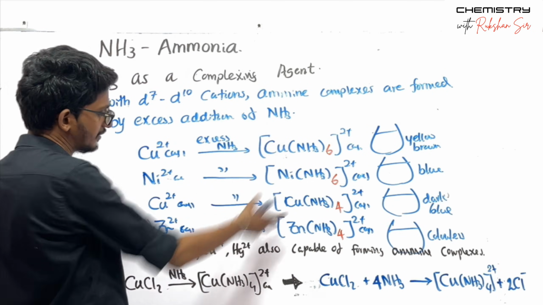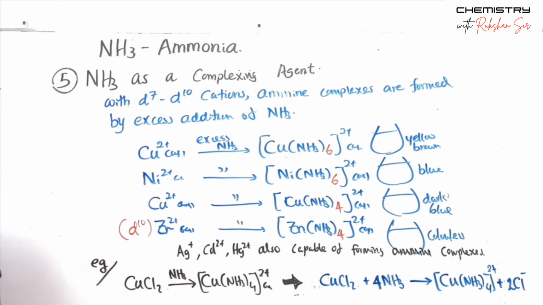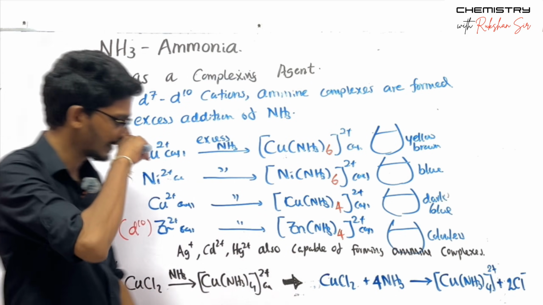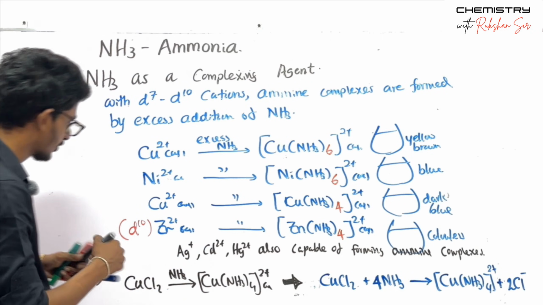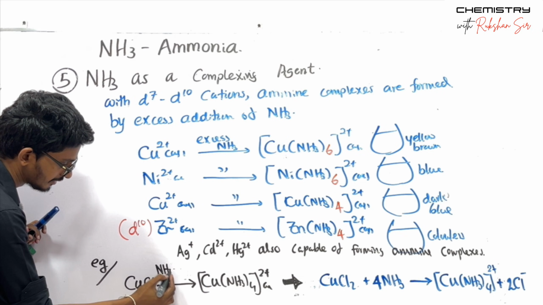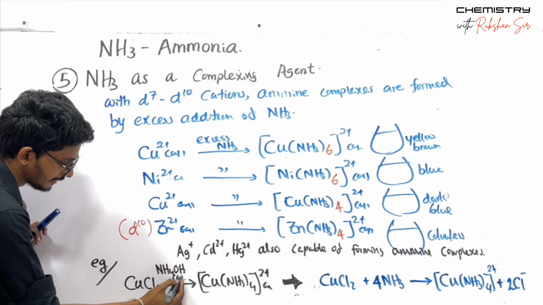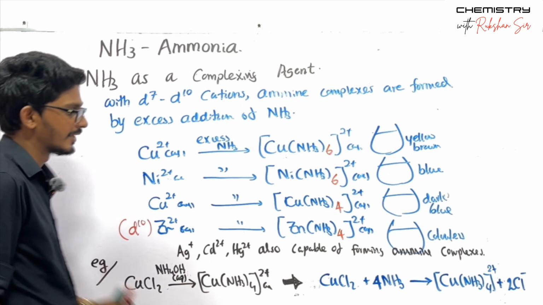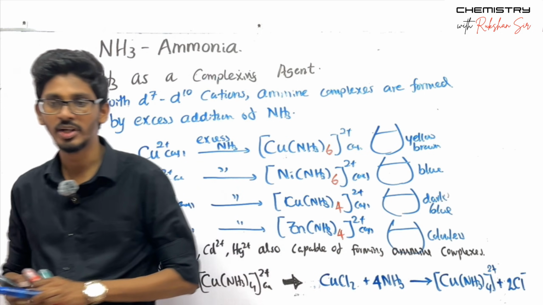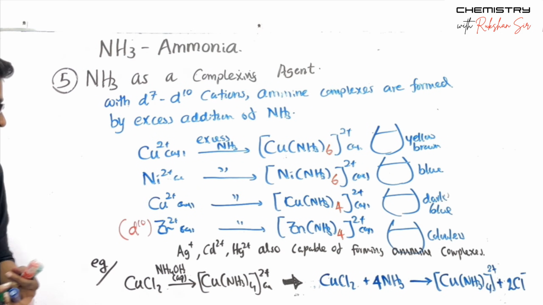For all the guys, like that you can balance, right? So when forming the amine complexes, the aqueous ammonia will be written like this. Even they have mentioned like coming up with ammonium hydroxide. Even they have mentioned here as ammonium hydroxide aqueous. Still, you should write the balanced chemical equation with the use of ammonia. So ammonium hydroxide aqueous is equal to aqueous ammonia.